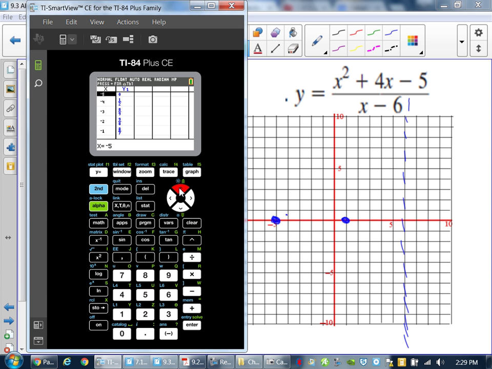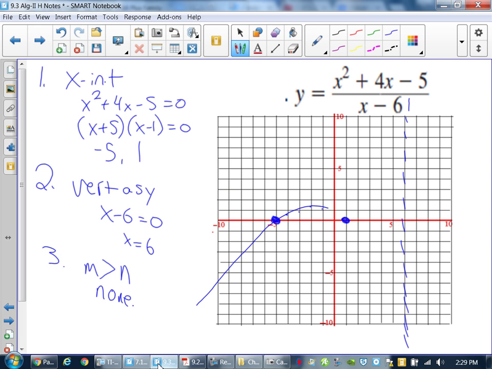At -3, it moved up a little bit more. It moved up a little bit more, and then it came back down. So it did this. It came and hooked, and then it approaches the asymptote. It's a hyperbola, even more slantified. Okay?